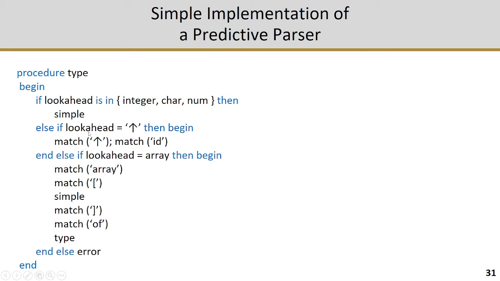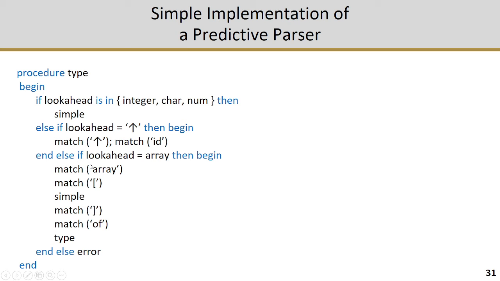So for example, if the look ahead is an up arrow, we match the up arrow and then match the ID because it is expected according to rule type to up arrow ID that an up arrow and ID is at the beginning of the input.